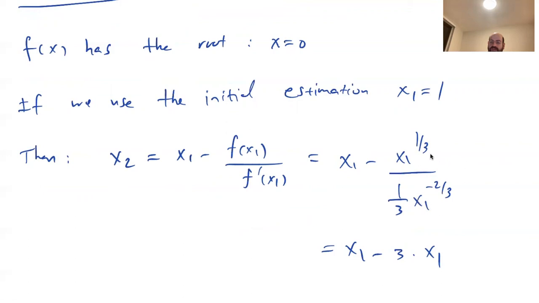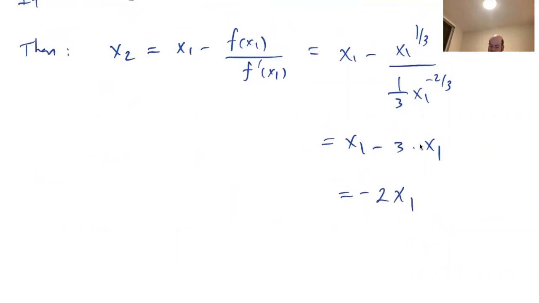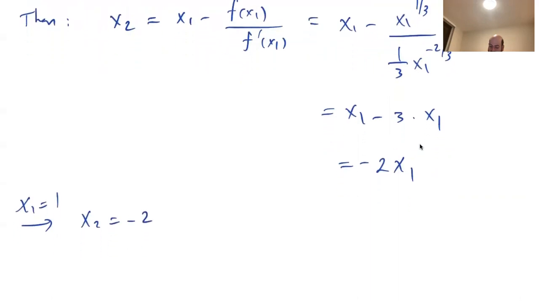If you take it to the top, it becomes x1 to the power 2 over 3 times x1 to the power 1 over 3. That will be x1. So x1 minus 3x1 is minus 2x1. So x2 would be, if x1 is 1, x2 would be minus 2.